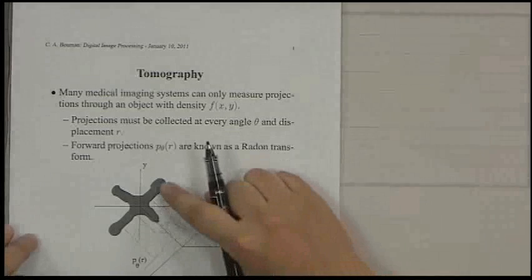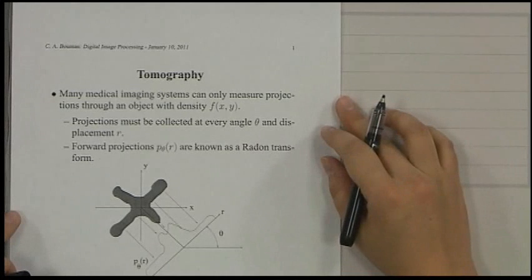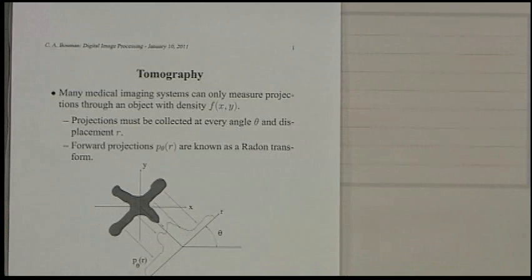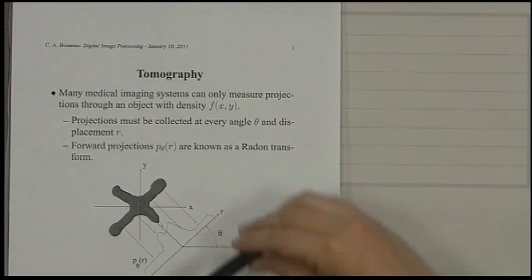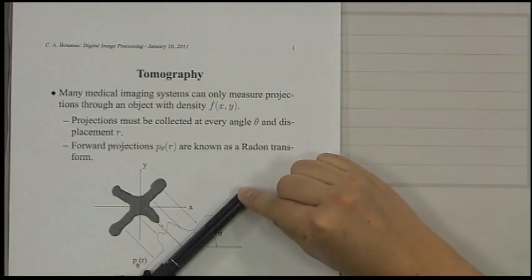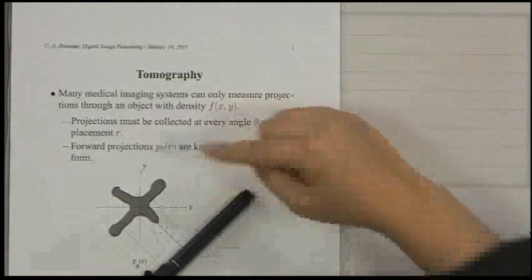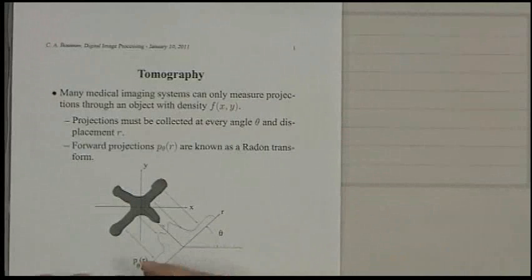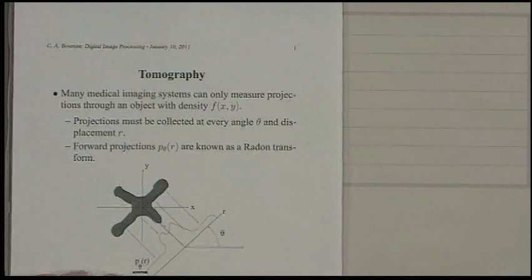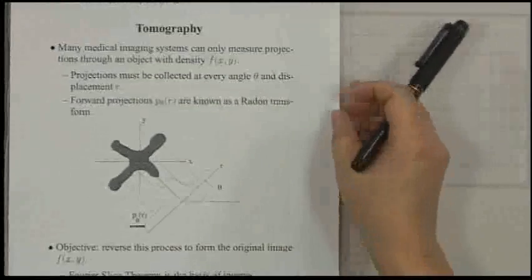Here this looks like uniform, but it doesn't have to be uniform. The density can be varying values. And then onto a line with angle theta, we take a projection in this direction. And then we get this P theta(R). So this is the projection.